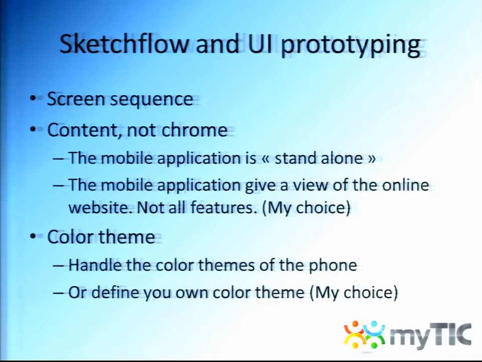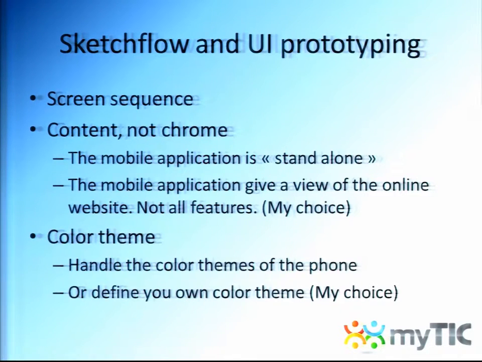Or another possibility, the one that I chose, is to use all the different colors that exist through my website, so that the end user will find all the information in the same colors that are inside of my web server, and also inside of my web application, inside of my Windows Phone application, sorry.